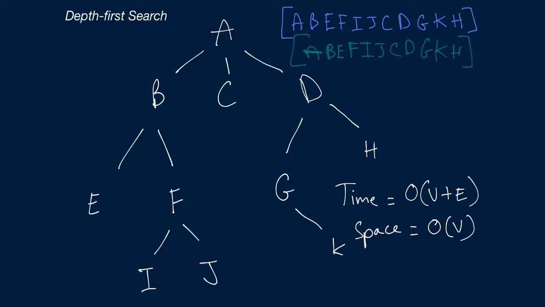And so you can imagine an example where we had a graph that only had one huge branch. So it would go from A to B to C to D to E, etc. In that case, we would keep calling depth first search on all of these nodes, and depth first search of A wouldn't resolve until we've resolved all the other ones.